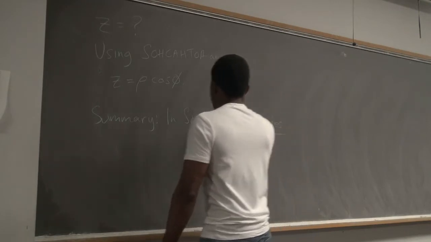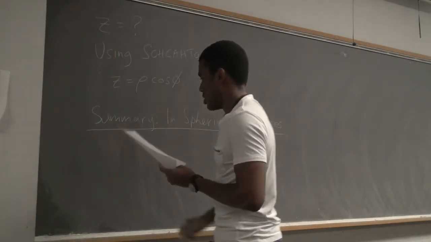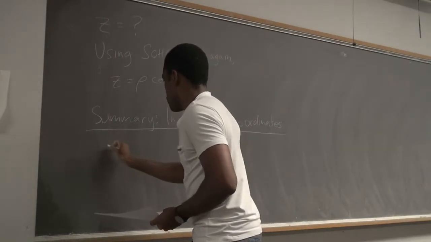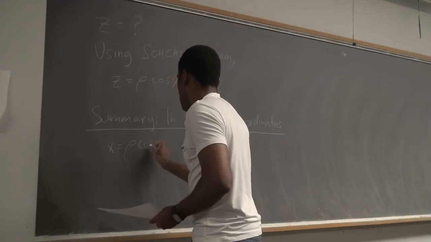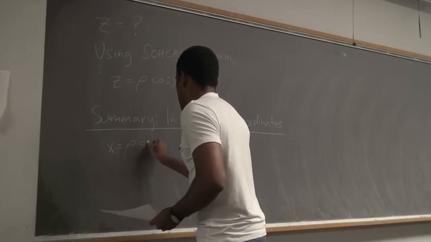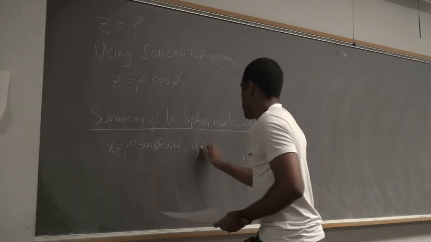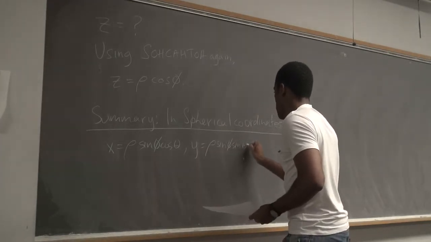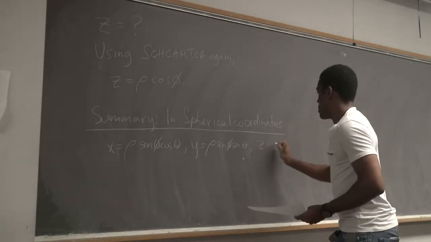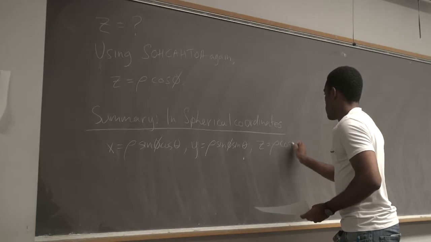So I sort of summarized how this coordinate system works. We have those equations. X equals rho sine phi cosine theta. Y equals rho sine phi sine theta. Z equals rho cosine phi.